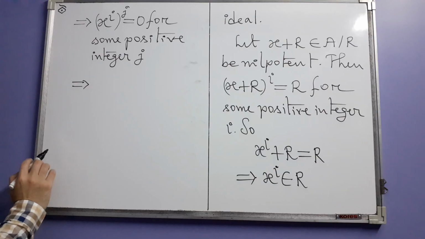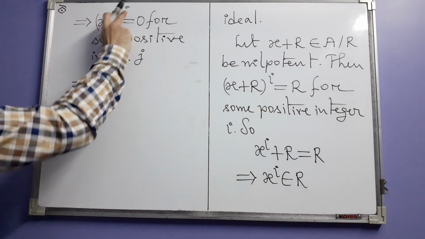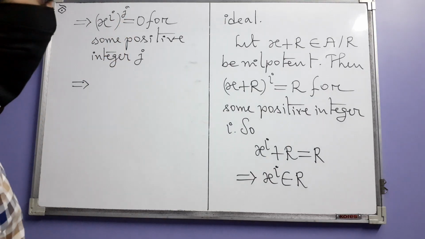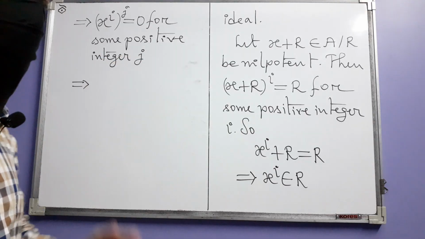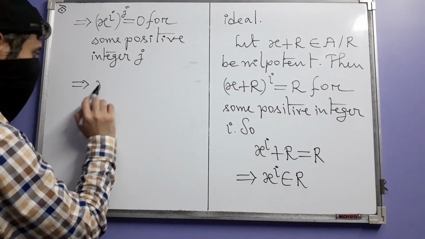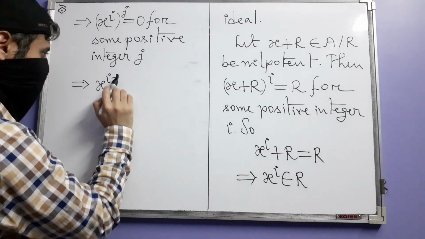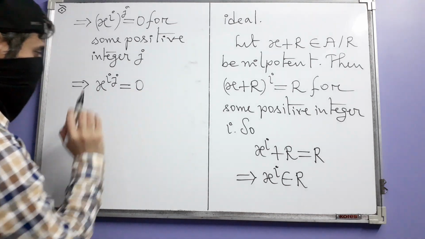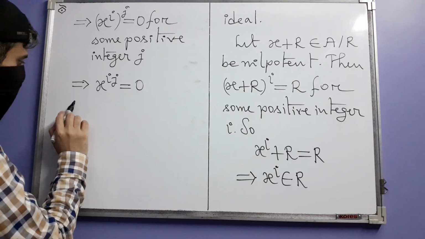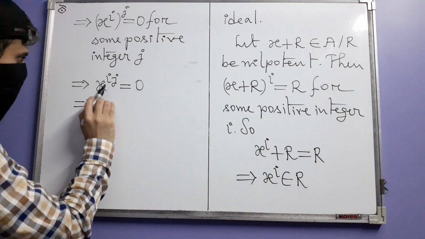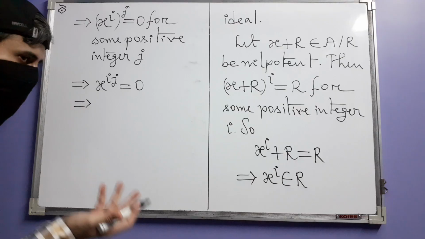And what does that imply? Keeping in mind that i and j are both positive integers, there is that other rule of exponent as well, which you can use. That is x to the power ij. However, note that ij is also a positive integer. So this makes the element x itself a nilpotent element.